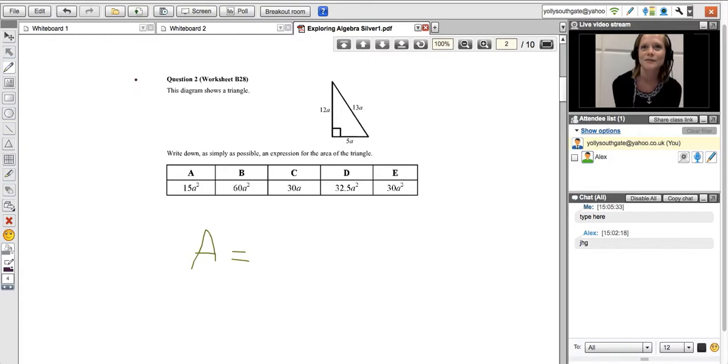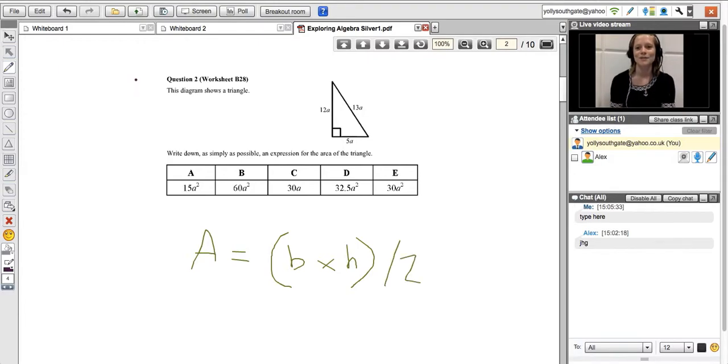Yeah, A for area, right? And you do know how to find the area of a triangle? I think it's the base times the height. Yeah. I think. Yeah. Divide it by 2. Yeah, see, I thought you'd know that one.